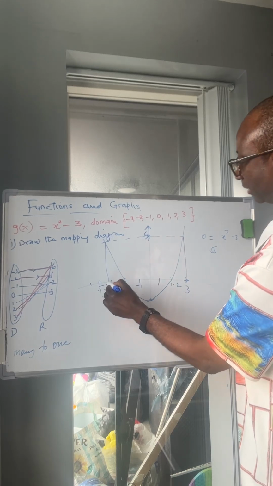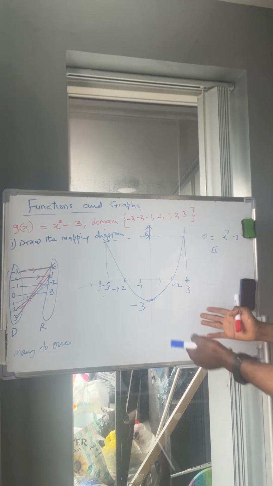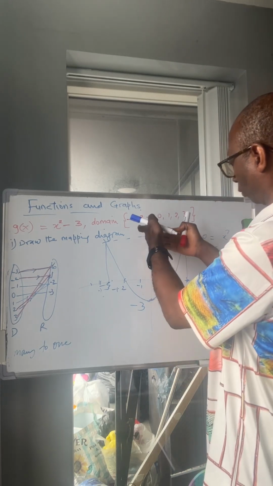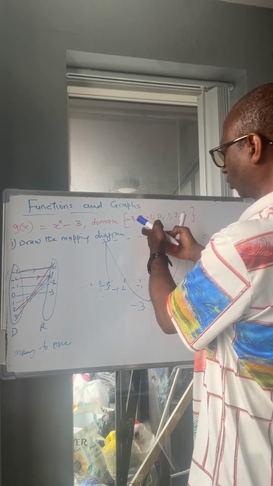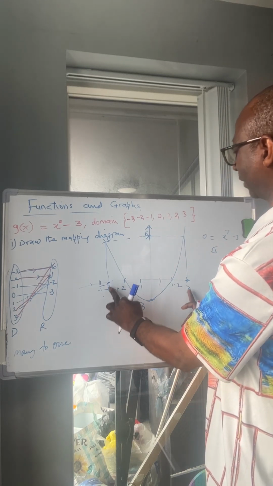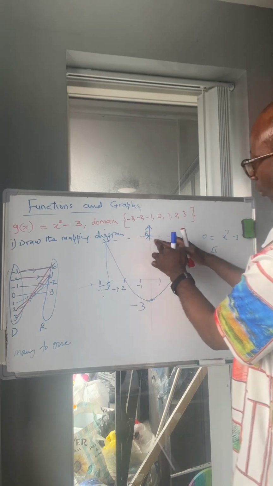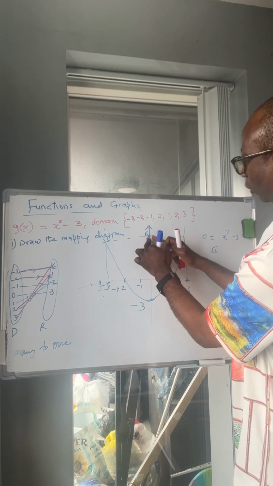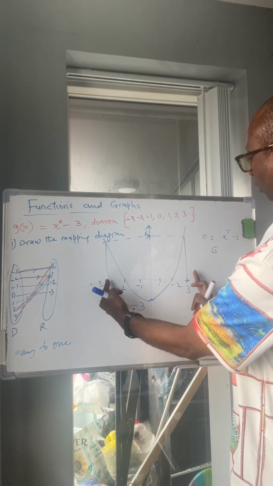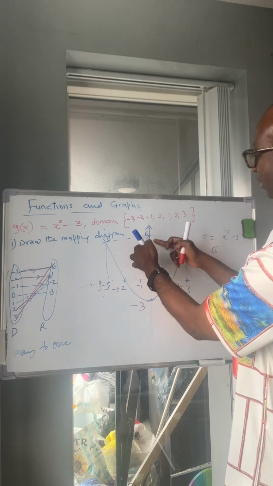Minus 3 maps to 6, right? So this is 1 to many, many to 1, sorry. Two elements from the domain are pointing to the same element on the codomain.